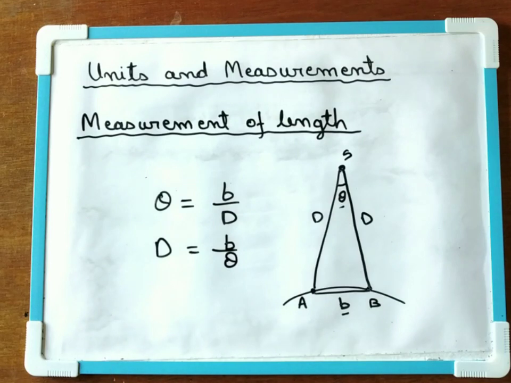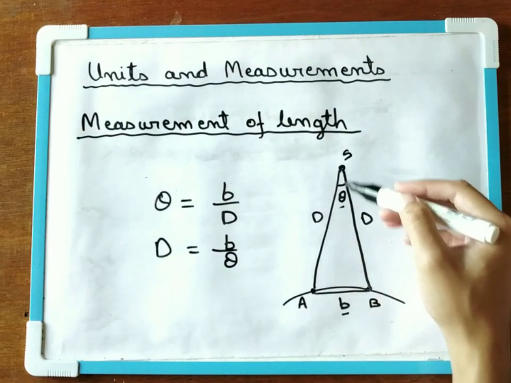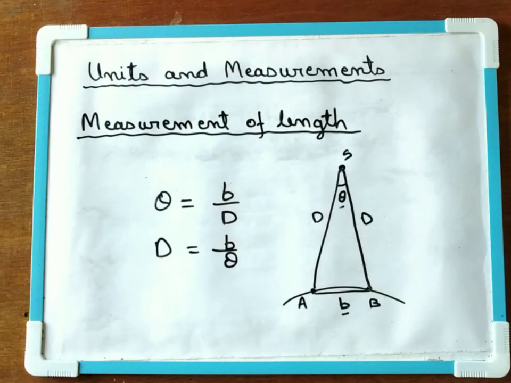This is the distance of this planet S from the surface of the Earth, and this is known as the indirect method. So that is one way of measuring large distances.